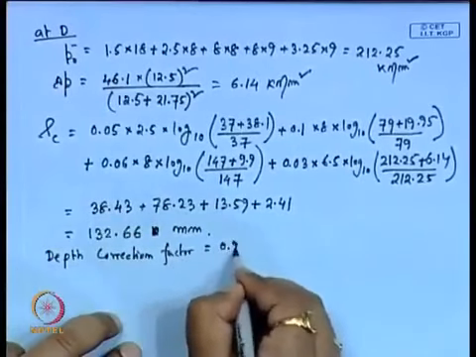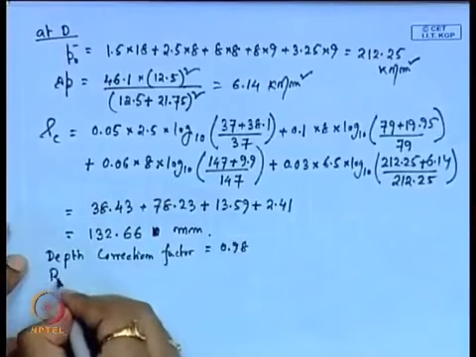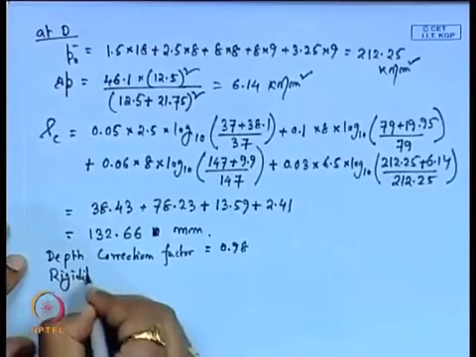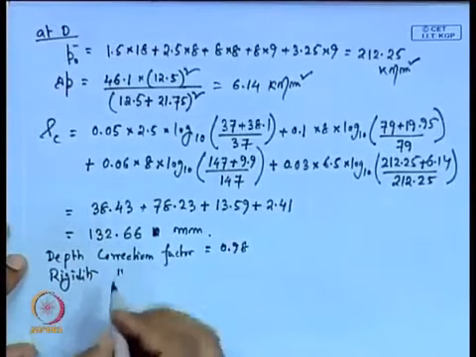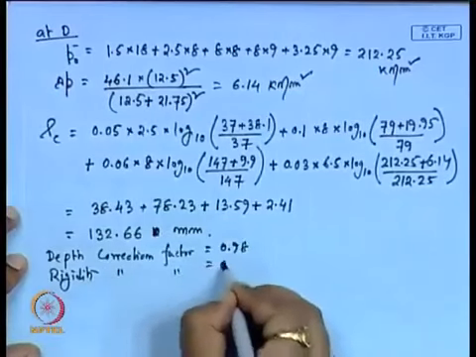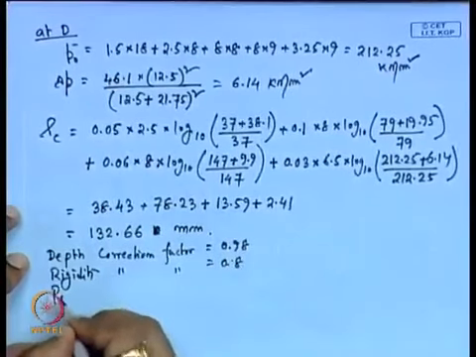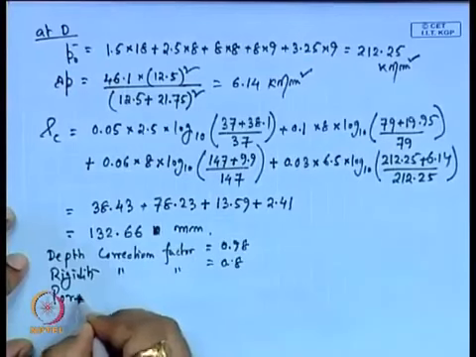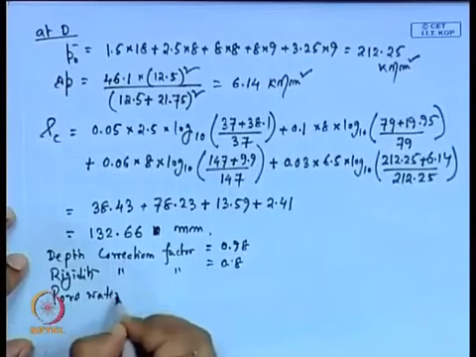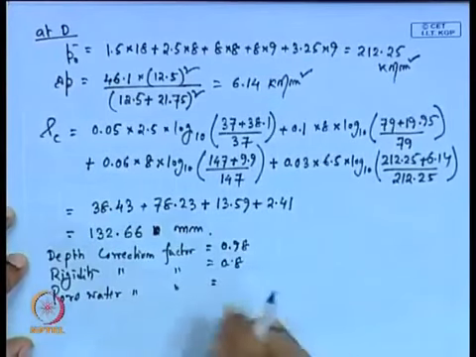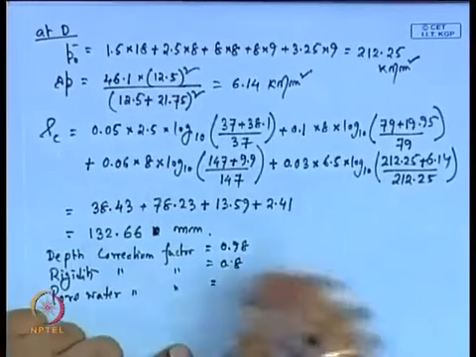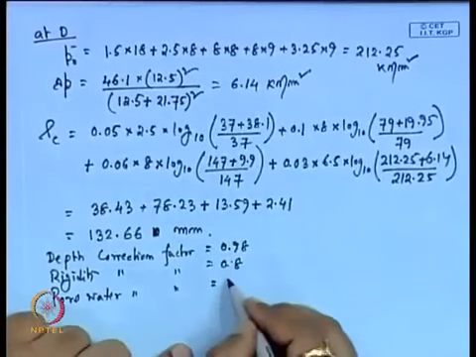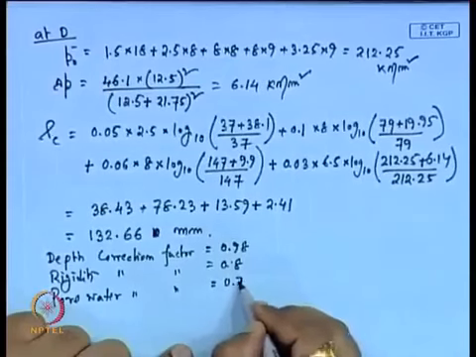Now, the correction factors here also. The depth correction factor is 0.98. The rigidity correction factor is 0.8 and then the pore water correction factor. From the properties given for this clay soil, from this chart it is coming 0.7.